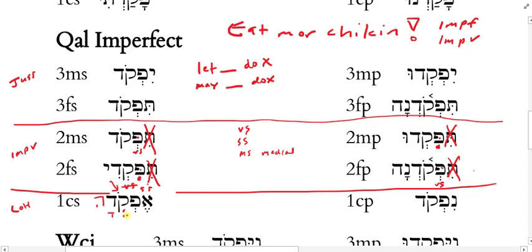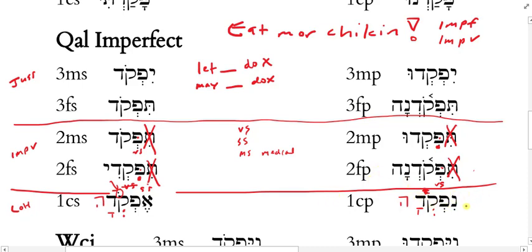A vocal shava, because it's now open and pretonic, right? Fkda. So that will go away. Fkda. And nifkod will do the same thing. Going to add a qamets-he, and the holem is going to go bye-bye, reduced to a vocal shava. So I get nifkda. Fkda, may I or let me appoint. Nifkda, let us appoint. May we appoint.